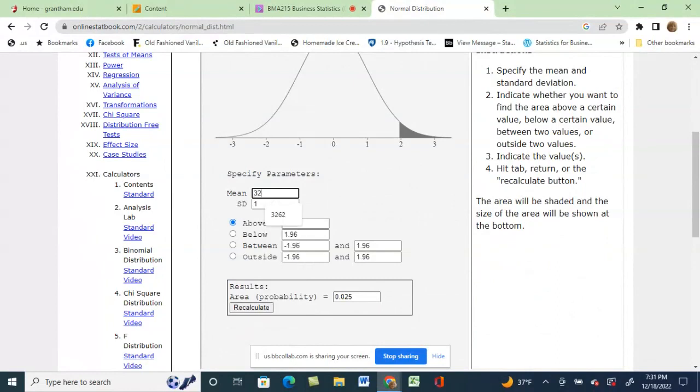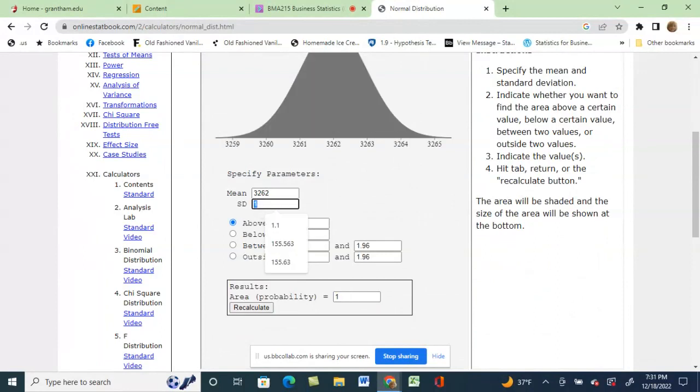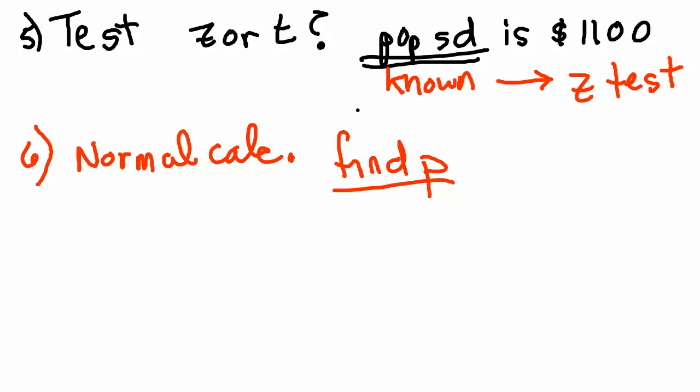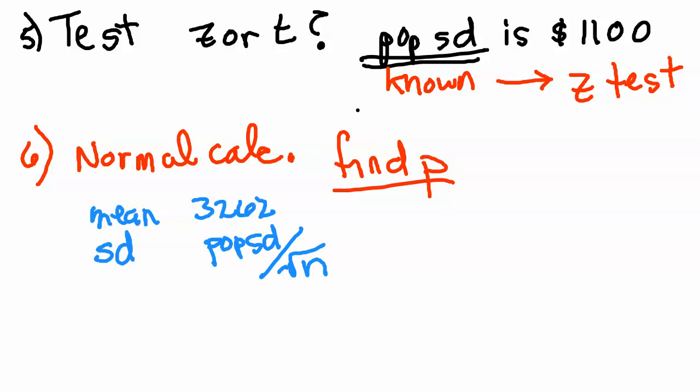For the mean, we're going to type in the claim mean. So 3262 should be in the middle. And the standard deviation, we're going to use the central limit theorem. The mean that we use is 3262. The standard deviation that we use is the population standard deviation over the square root of n from the central limit theorem.